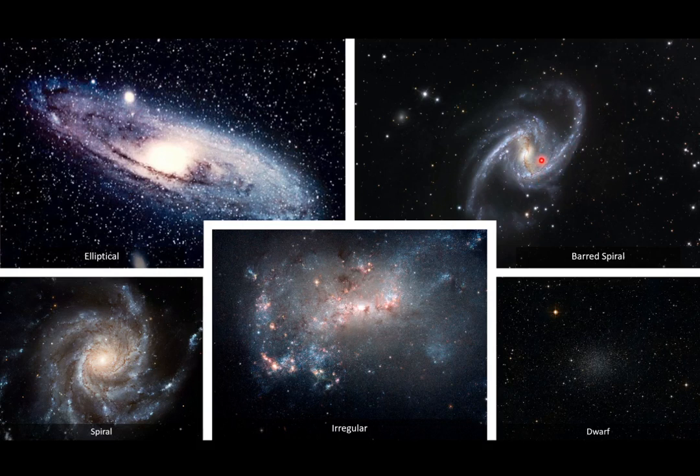Hopefully you can see the difference between the upper right and the bottom left, even though they're both considered a type of spiral. And then down in the bottom right, we can see a dwarf galaxy. Again, we can see a slight cluster of stars. However, it does not appear to be as distinct or vibrant as some of the other examples here, which gives it that dwarf characteristic.